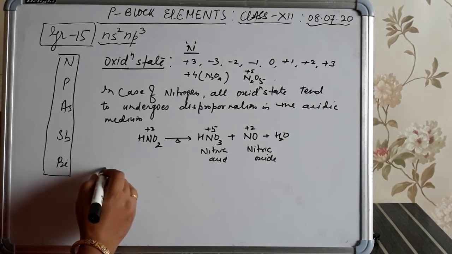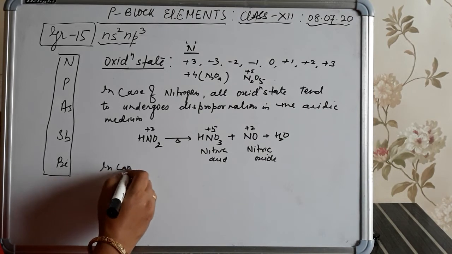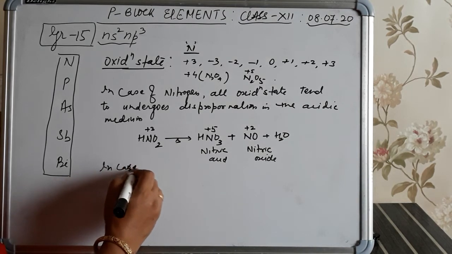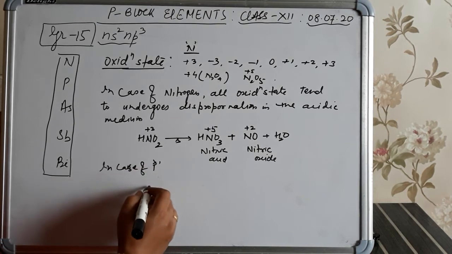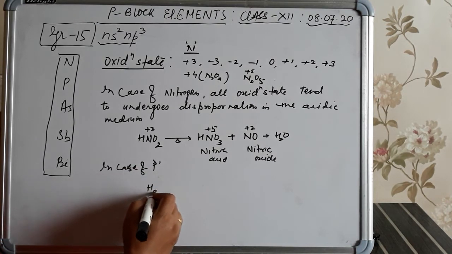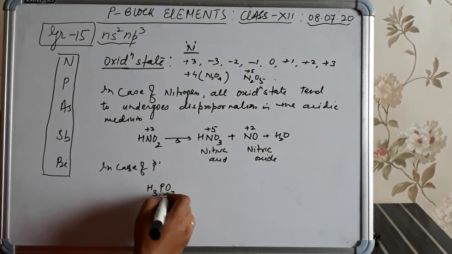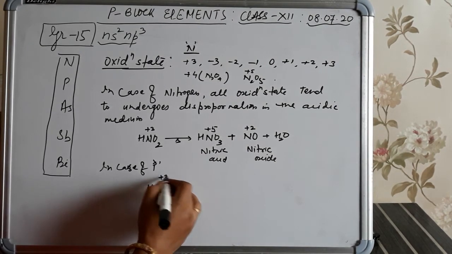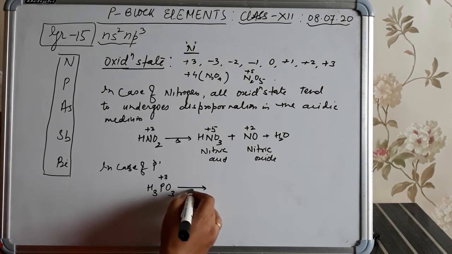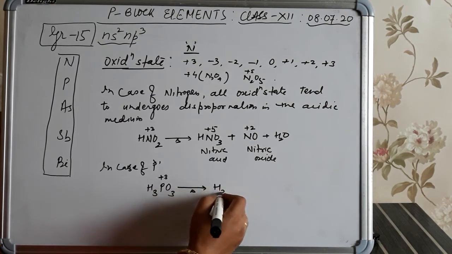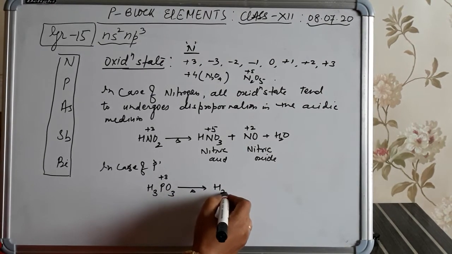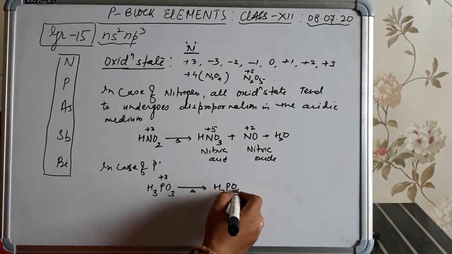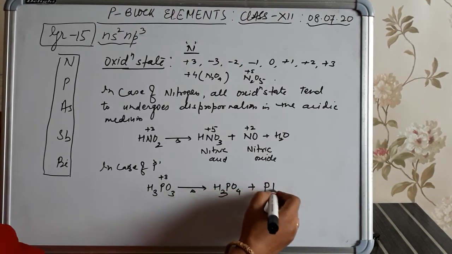In case of phosphorus also, it undergoes a disproportionation reaction. Phosphorous acid, in which phosphorus is in the +3 oxidation state, when it shows a disproportionation reaction, becomes H3PO4 plus PH3.